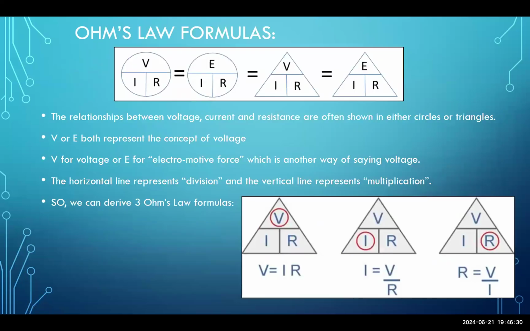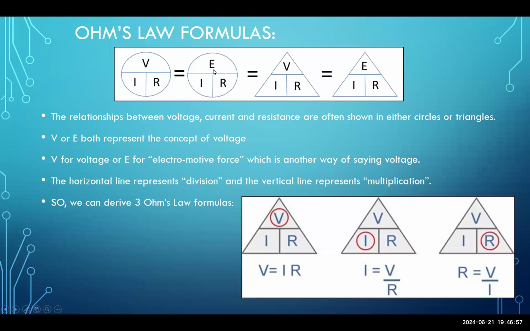The formulas are shown very often as either circles or triangles. And so you have a circle here, V, IR, and then you also see EIR, and in triangular form, V, IR, and EIR. And so the relationships mathematically are very easy to discern. Actually, let me clarify. Why do you see E in here?